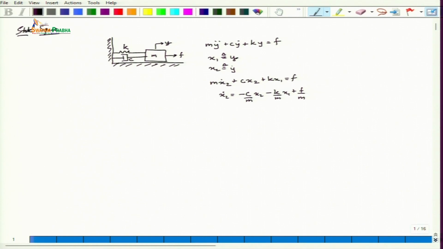So now we have this differential equation in terms of x2, x1 and the derivative of x2. So the state space representation comprises of basically two equations. The first one is the state equation and the second is the output equation.